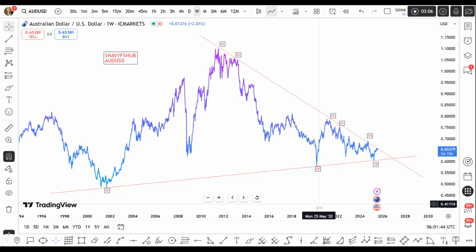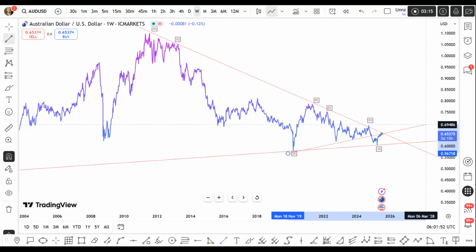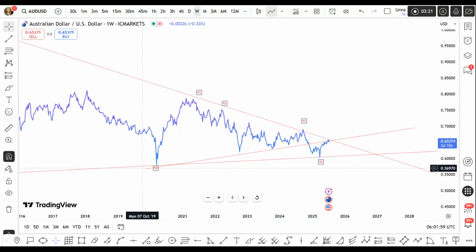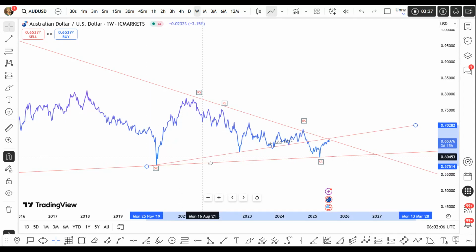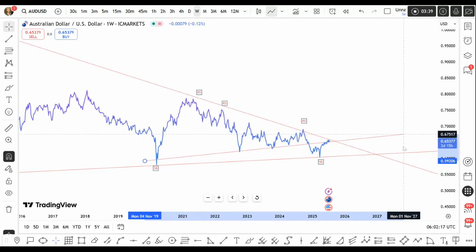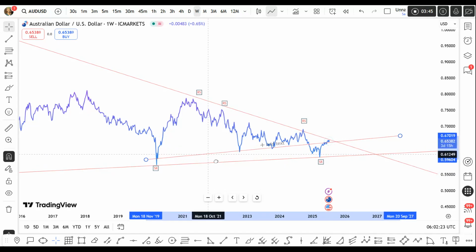So now let's look at 2020 price action. There is a support at this level.